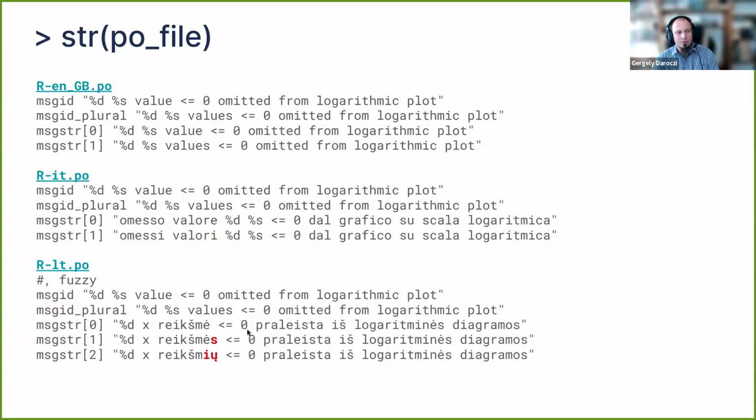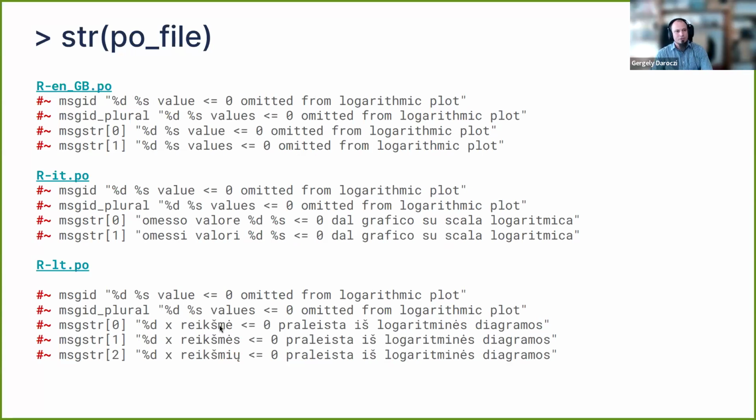I think what's important for you is that depending on the language you are translating to, and actually you are very familiar with the language you are translating into, you will know if there's one, two, or even multiple forms for the same term, depending on the number of items. An extra flag highlighted here, the fuzzy, as mentioned previously, means that the translation is not perfect. Someone should review and make any updates if necessary. If not, then you can drop this flag. Otherwise, some updates might be required in the translation.